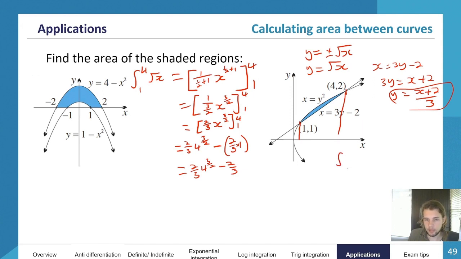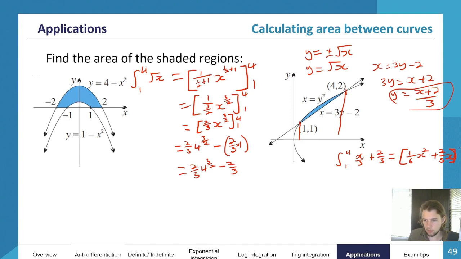So it's a linear line. That makes our job pretty easy. We go 1 to 4, and we have x on 3 plus 2 on 3. So that equals one on 6 x to the power of 2 plus 2 over 3 x.